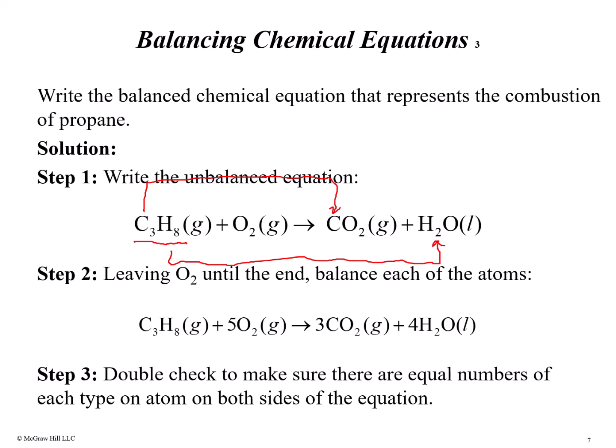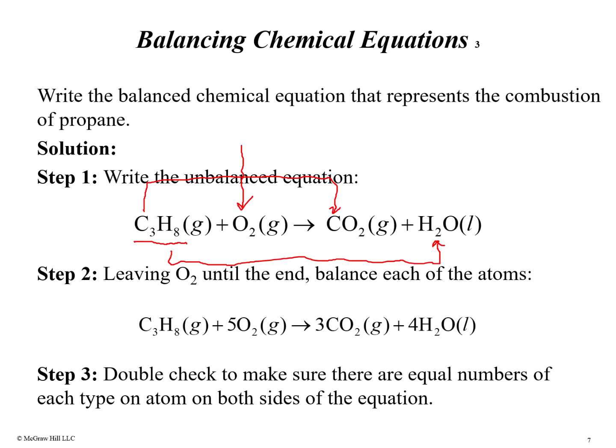The last is something like a pure element, like this oxygen. So oxygen ends up being that, and water are some of the last things I always balance in a chemical equation. Why the oxygen? Because if I change the coefficient in front of the oxygen, it just changes oxygen, doesn't change the carbon or the hydrogen. So that's why I would leave off balancing the oxygen to the end.